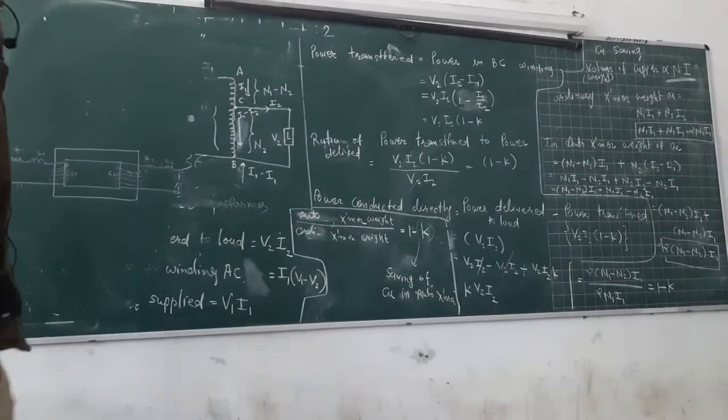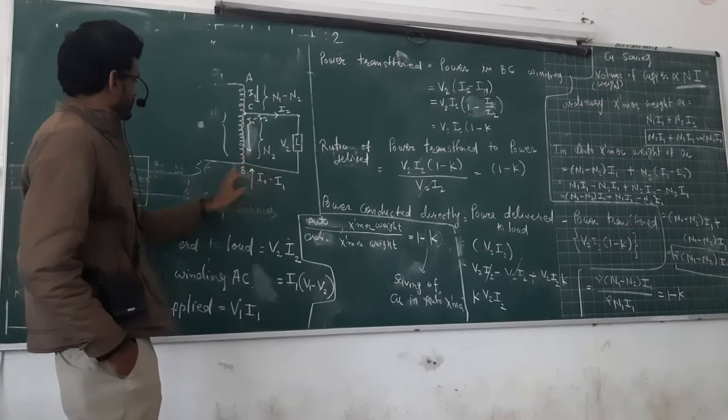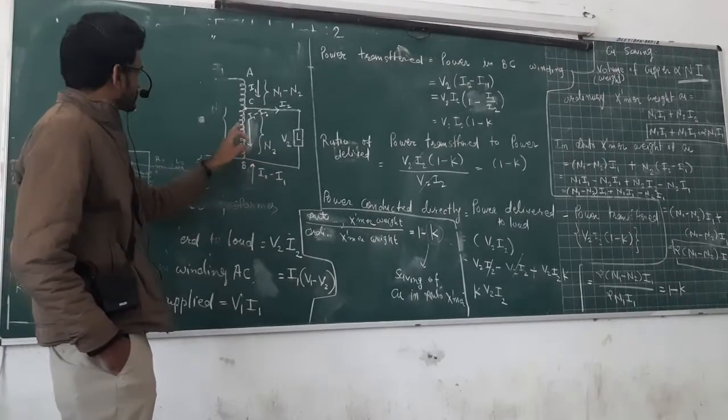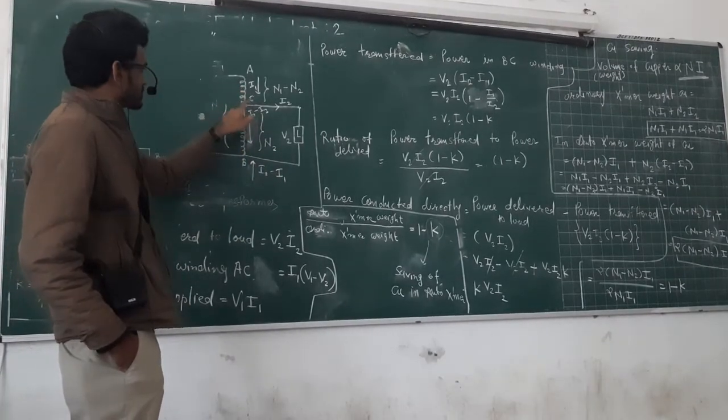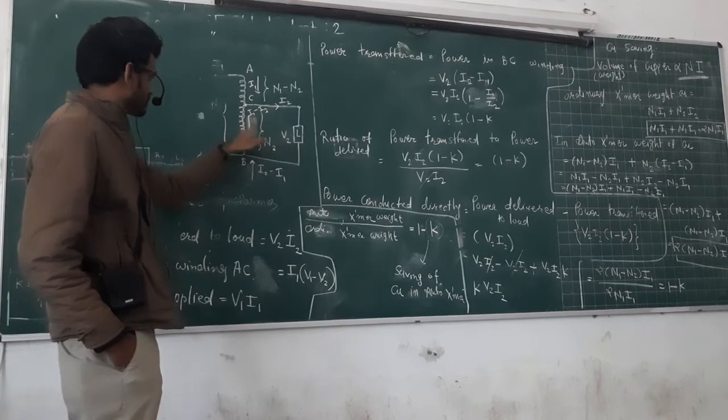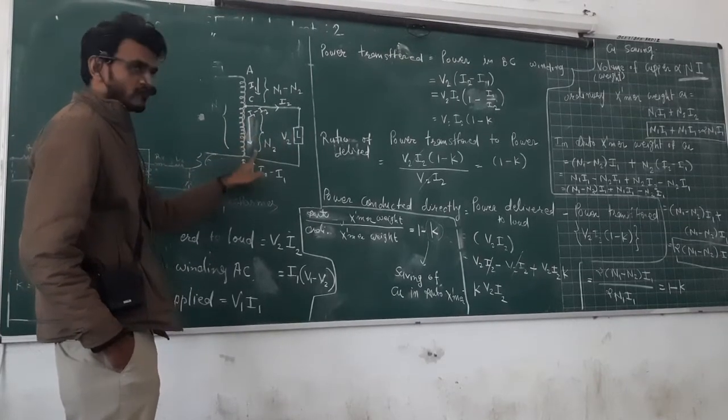One important thing, here we have made our mistake. Okay, current I1 is here, then I2 goes in this direction, then this will be I1 minus I2 downward.